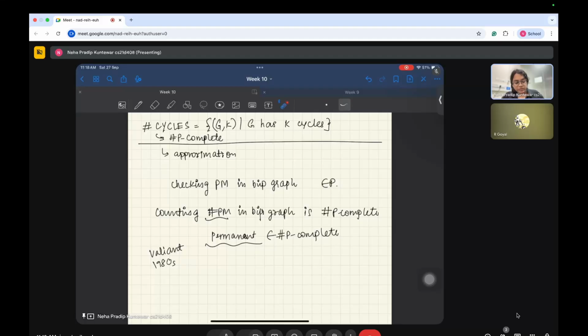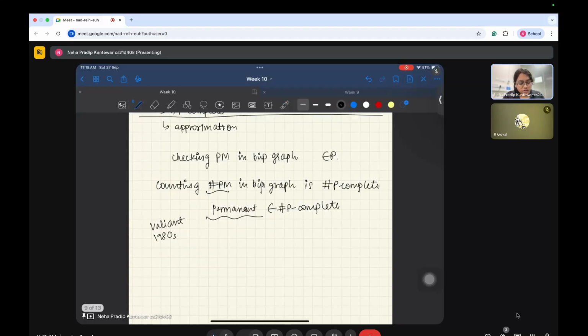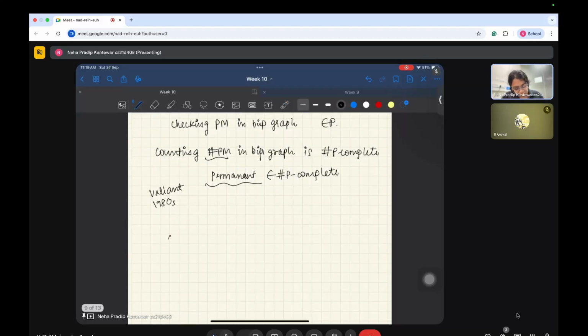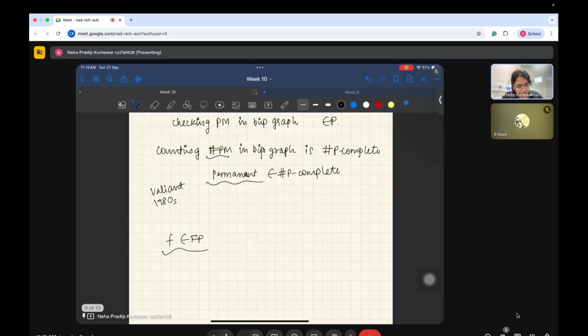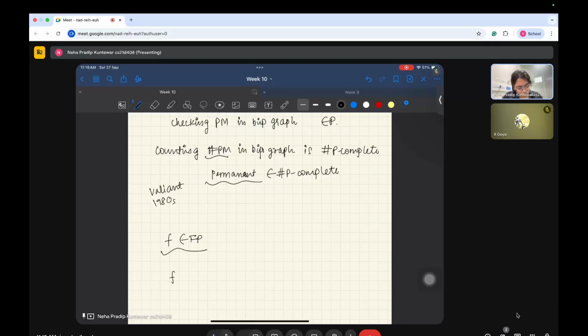So that cannot happen, because if, let's say, f is in FP, then this means I can count the number of solutions to it in polynomial time. Now P only asks whether there is a solution.